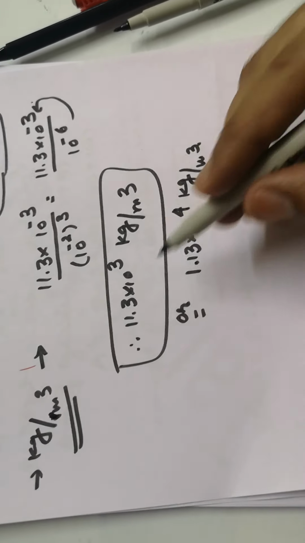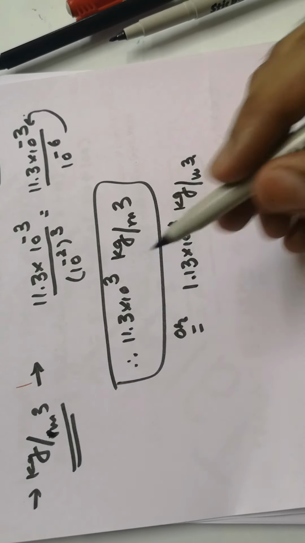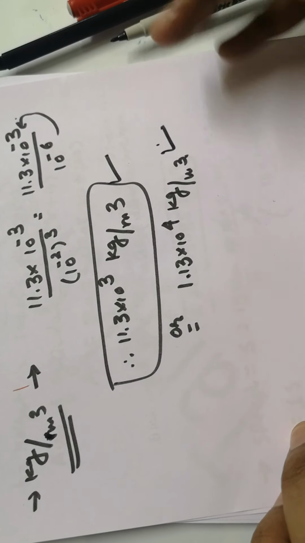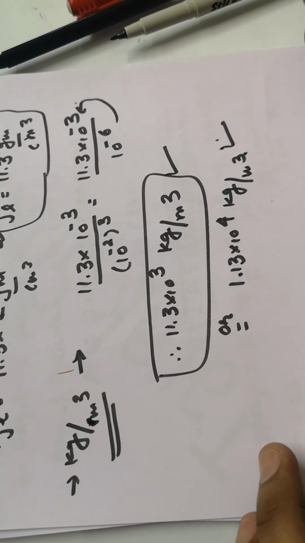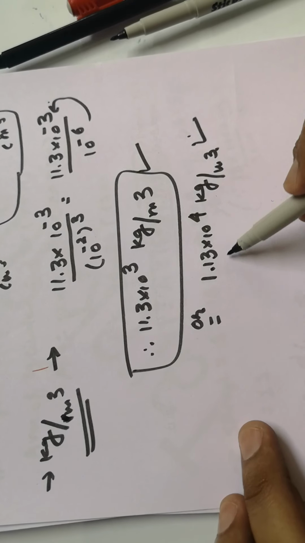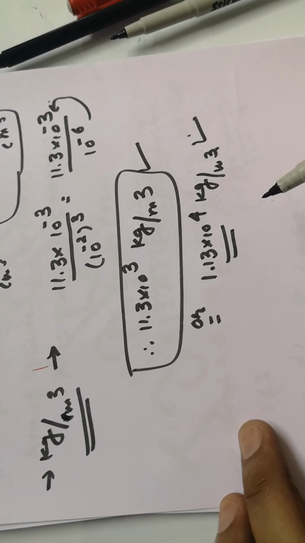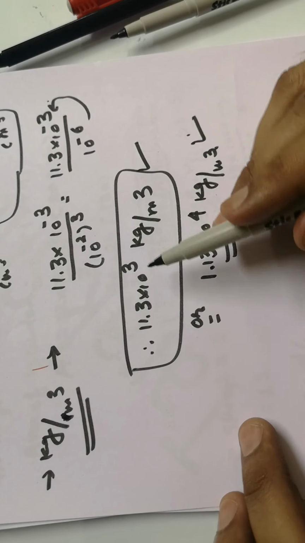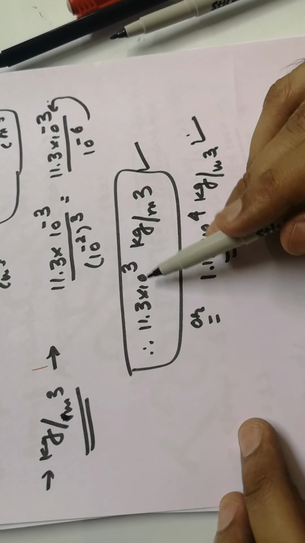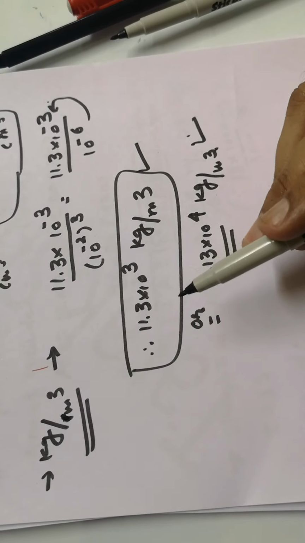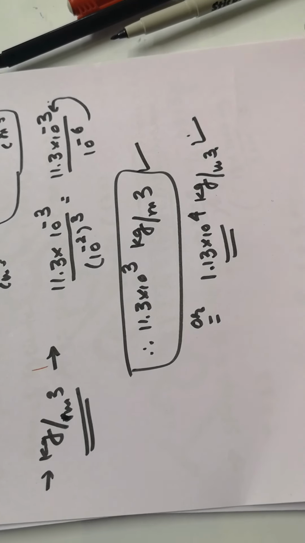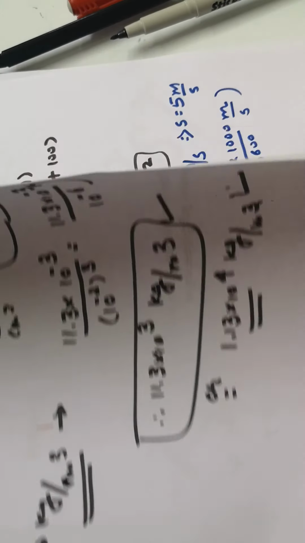So I have just shifted my decimal point to the later part. So both methods are useful. Sometimes your answer will be given in terms of like this one. So learn how to raise your power. If you have 11.3 times 10 to the power 3 and you want 113, then the power will be 10 to the power 2. So remember such conversions.